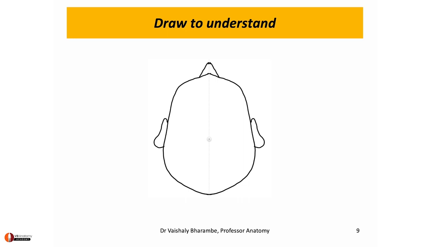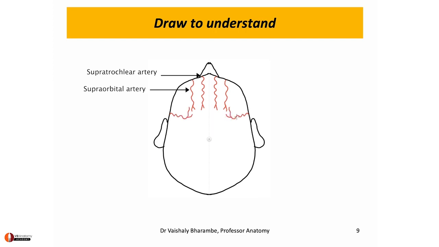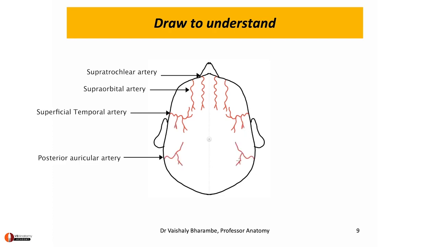Alright, now pick up your red color pencils and begin to draw from anterior to posterior the first artery, the supratrochlear artery. Now lateral to it, draw the next artery, the supraorbital artery. In front of the ear, passing upwards and branching is your superficial temporal artery. Behind your ear, you have your posterior auricular artery, and behind that, you have the occipital artery.